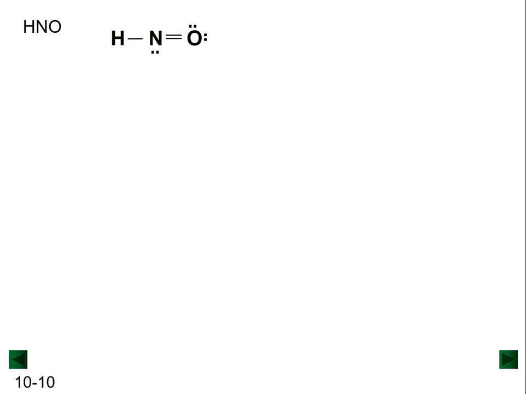Next, we see the nitroxyl molecule, HNO. We can look at the central nitrogen atom. If we look at that nitrogen atom, we can ask how many electron groups are around it.